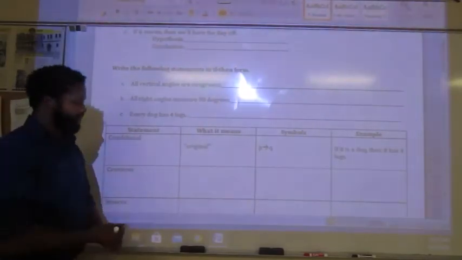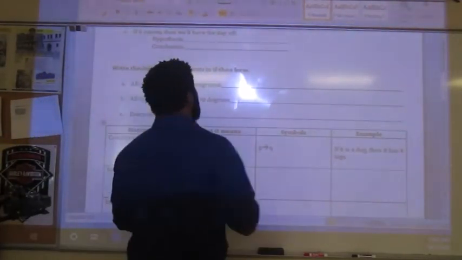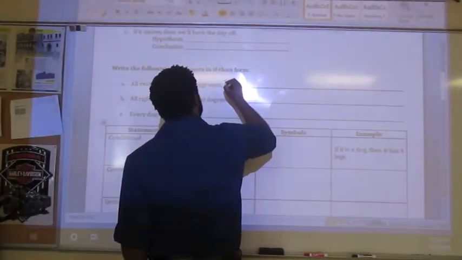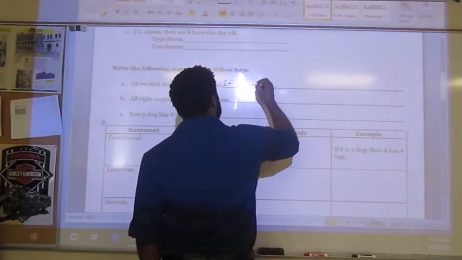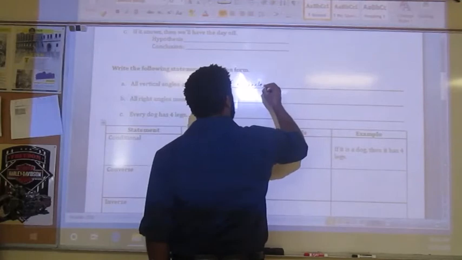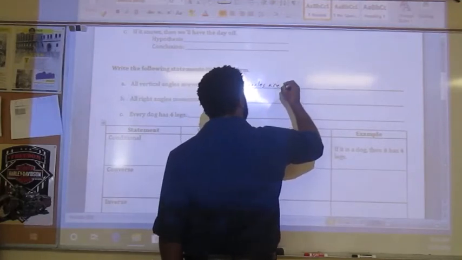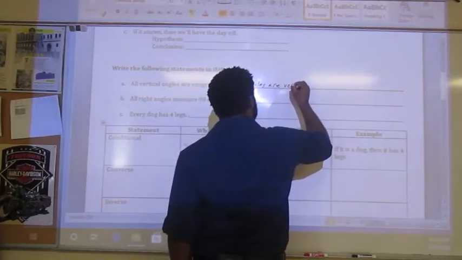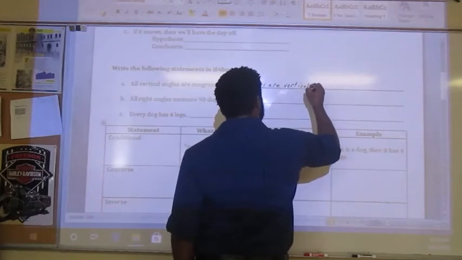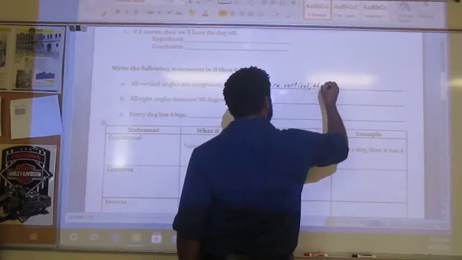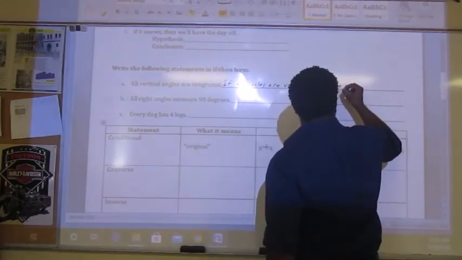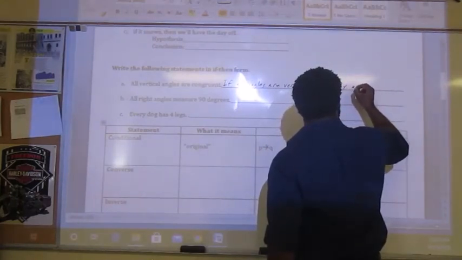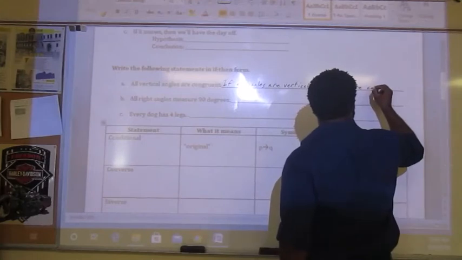If all angles are vertical angles, then they are congruent.